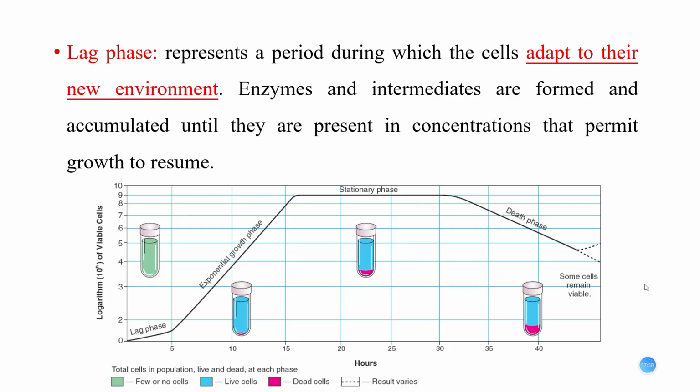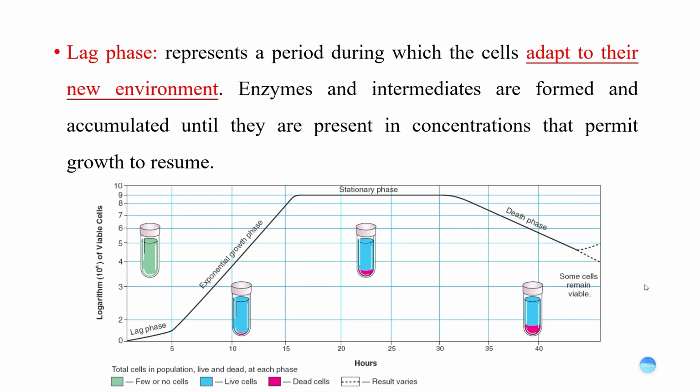And also, inside the cell, it prepares enzymes and other molecules, other intermediates, which are required for the growth, for the replication. So even though the cell number is not increasing dramatically at this time, it's still producing a lot of molecules for replication.